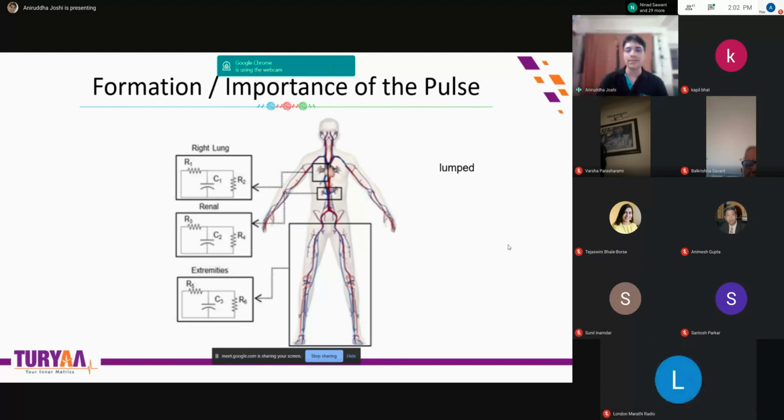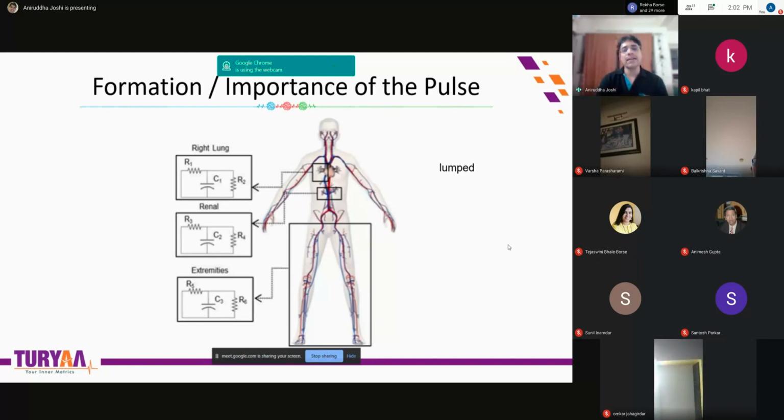So your current is starting from there. And suppose for example, here I can see that there is one body organ which is the right lung, and let's assume that R1 of that right lung is the resistor value. That resistor value, for some reason, because it's a variable resistor, the value goes low.